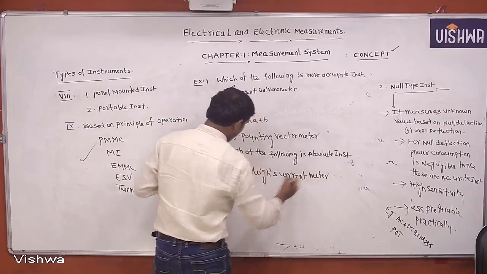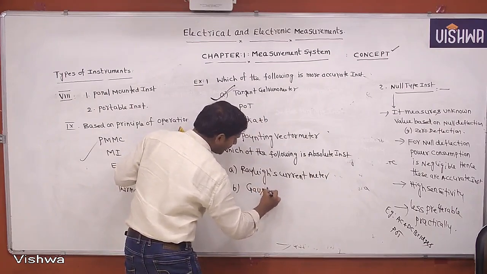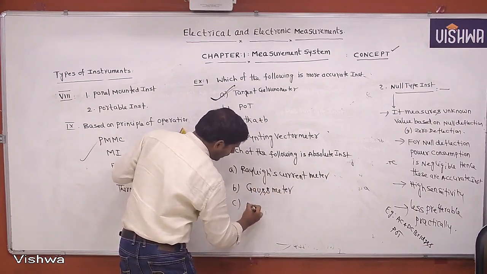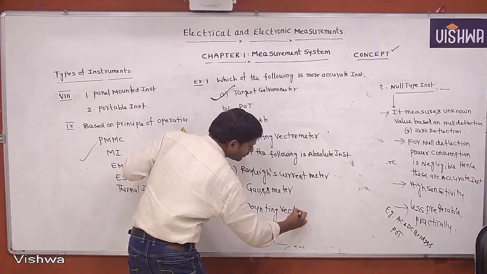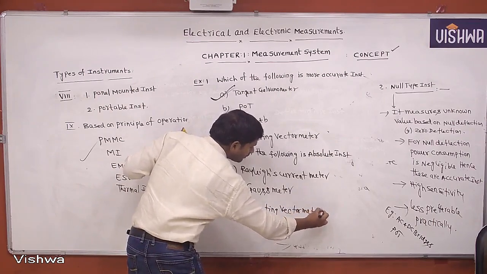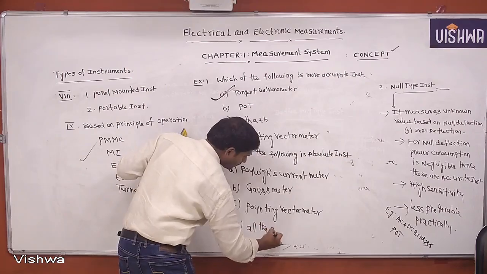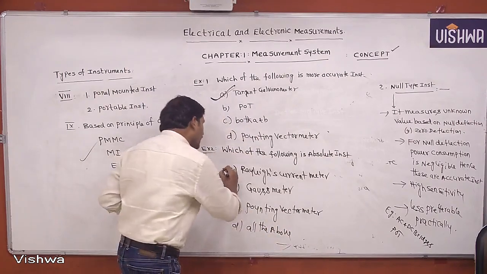Another one is Gauss meter. Pointing vector meter. Option D, all the above. Your answer is not all the above. Your answer is Rayleigh's current meter.